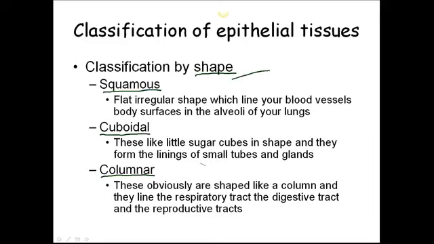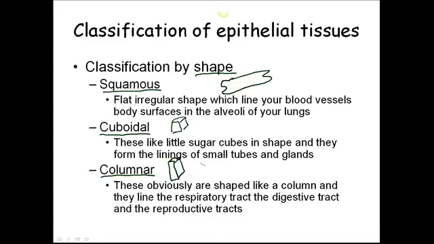Squamous means flat. So they look something like that maybe. And they have a very tiny width or depth. Cuboidal looks almost like little cubes. And columnar, like cuboidal, but just taller, like a column.